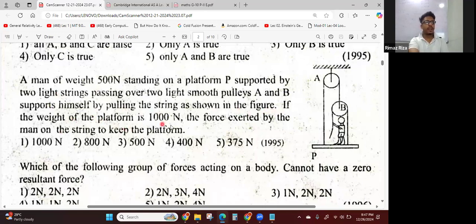If the weight of the platform is 1000 newtons, find the force exerted by the man on the string to keep the platform balanced, to keep the platform in equilibrium.